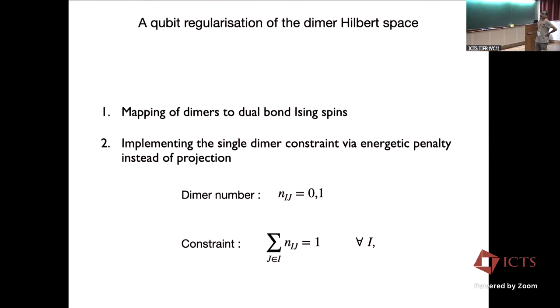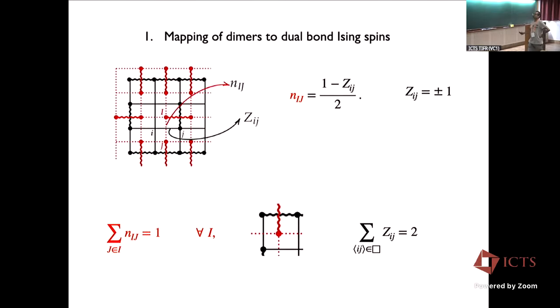So let's just remind ourselves that the dimer number is given on every bond of the square lattice by this number 0 or 1, and at every site there is a dimer constraint that there is only one dimer attached to every site. Okay, so let's go through these two things in steps.